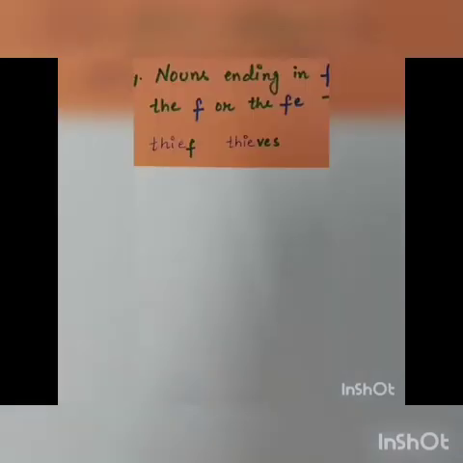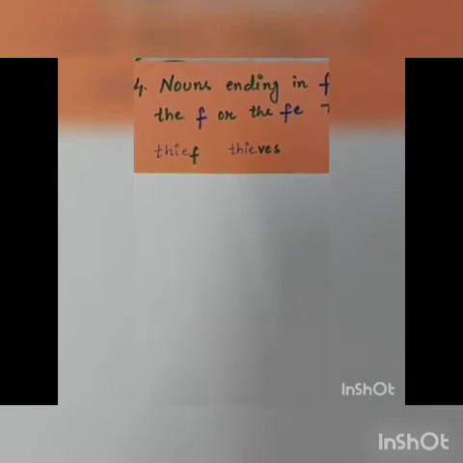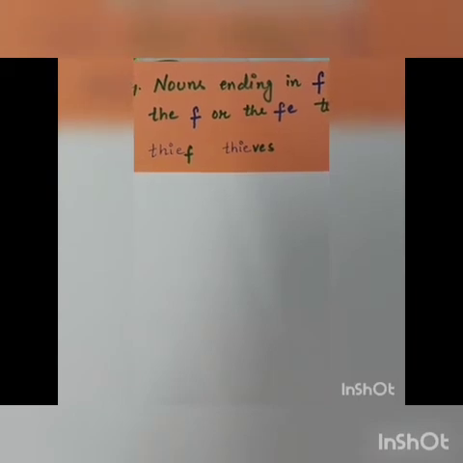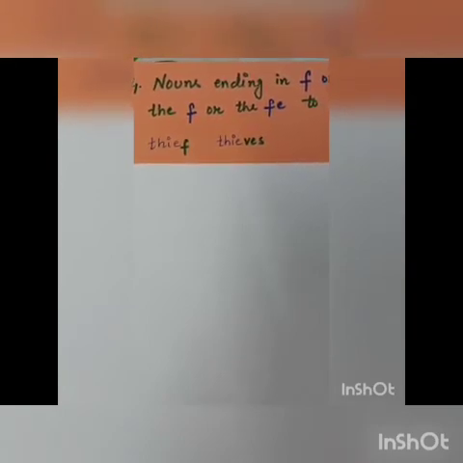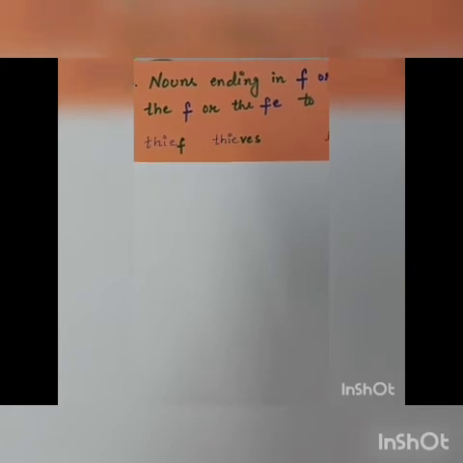Let's see how. Now the noun is thief and it is ending with the letter f. So to make its plural, we have changed the f to ves, as you can see. So the plural is thieves. What's the spelling of thieves? Thieves.